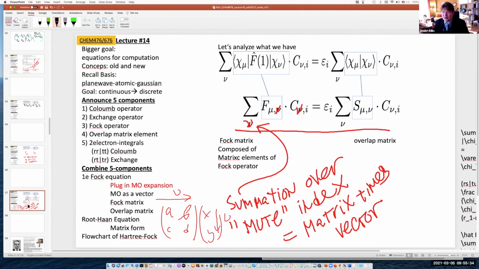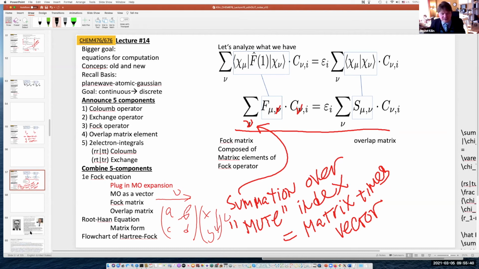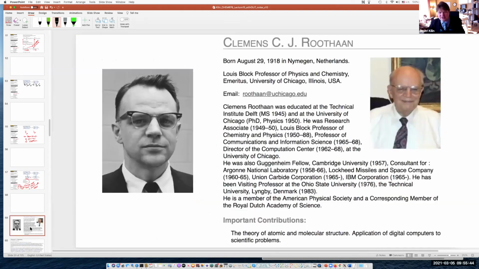There were only abacus, and they didn't care. But in the 50s, some prototypical computers were designed, and there was another scientist, Clemens Roothaan, who converted Hartree-Fock equations into matrix form, and therefore in computation it is nowadays three names: Hartree-Fock-Roothaan.